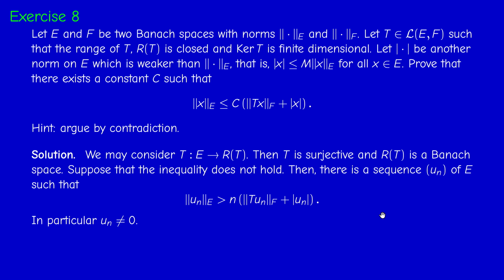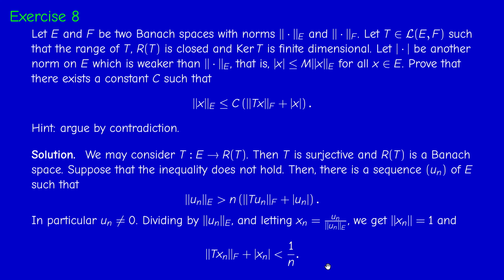In particular, un cannot be 0, because the left side is bigger than or equal to 0. So we can divide by the norm E of un. By homogeneity of this norm, of T and of the original norm, when we divide, we can write this as T of un over its norm, and this as un over its norm.